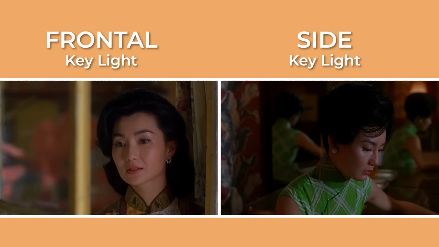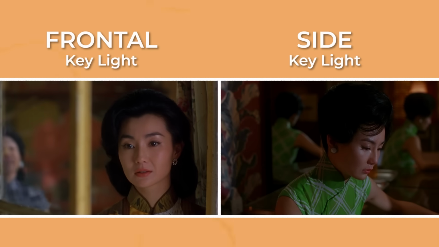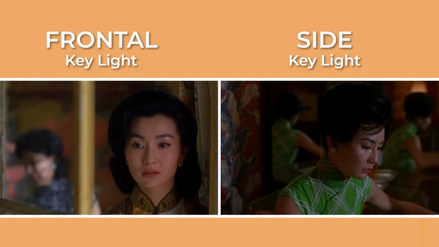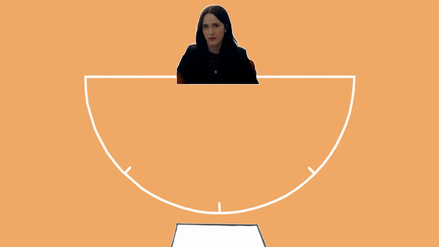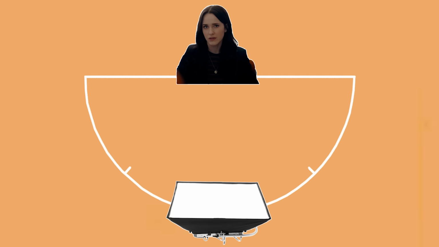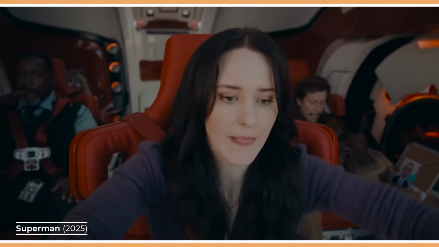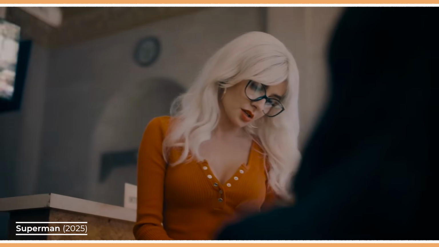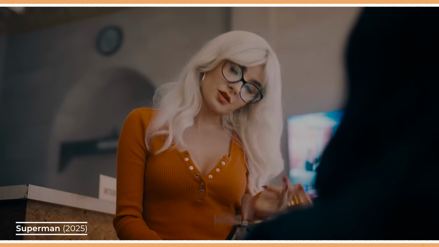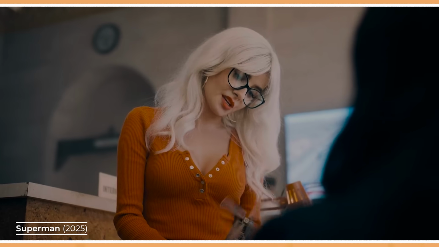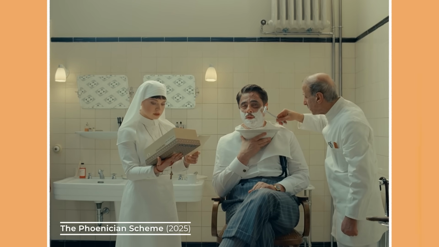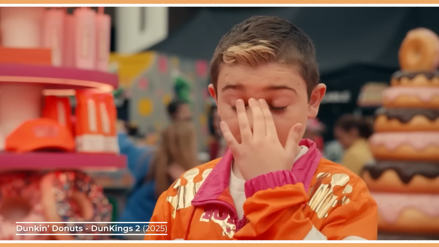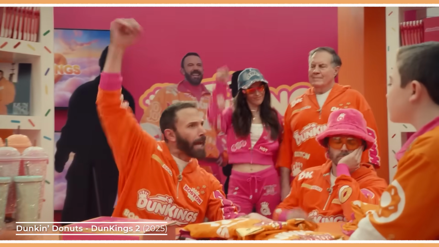The position at which you place the key light in relation to the subject has a direct influence on the mood of the scene. The more frontal the direction of the light is, the more fully illuminated the subject will be, and the lighter and brighter the shot will feel, both in appearance and in tone, which is why this style of lighting is often used for comedies or upbeat positive commercials.